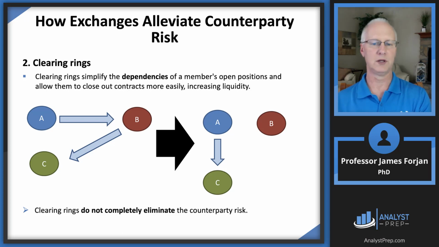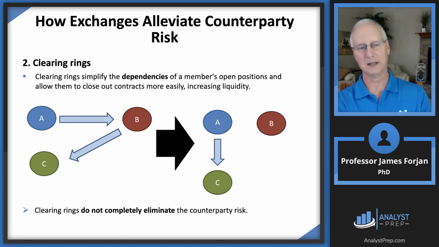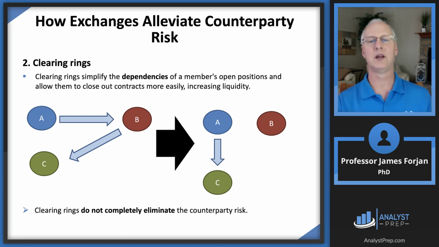And so even though it doesn't completely eliminate counterparty risk, it reduces it because the flow of capital goes through fewer and fewer parties. Now, of course, in this example, A and B and C will have to agree that A settling with C is exactly like A settling with B and B settling with C. There's that notion of fungibility.